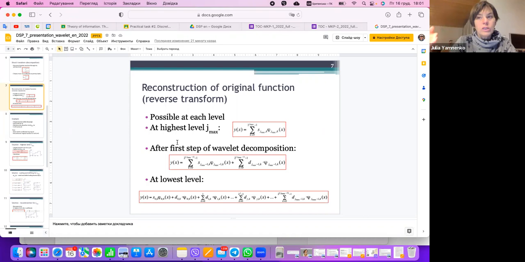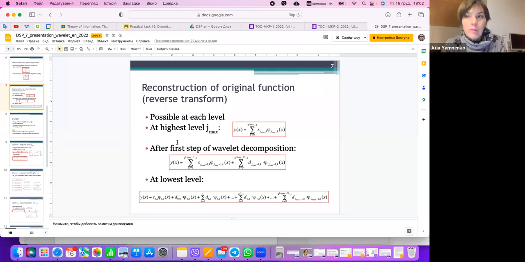Going through the levels of decomposition, we will obtain a more and more smoothed version. So it's our decision where to stop along this way and which degree of smoothing we will take for the analysis, for the prediction maybe, or for some other operation.